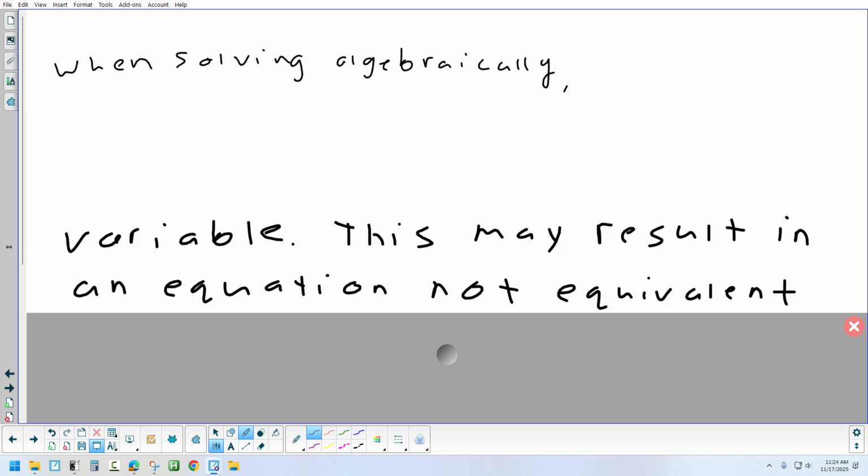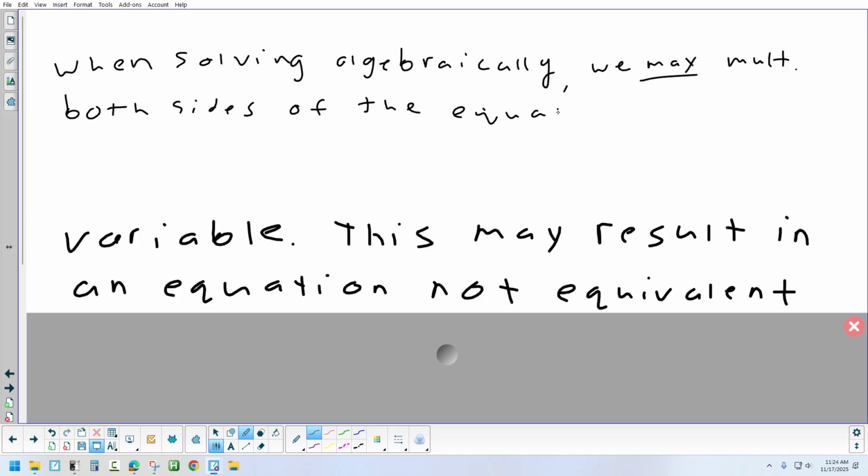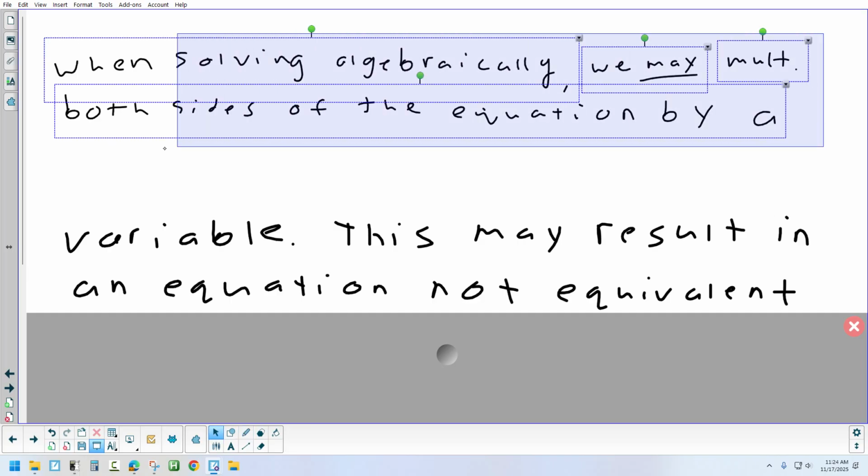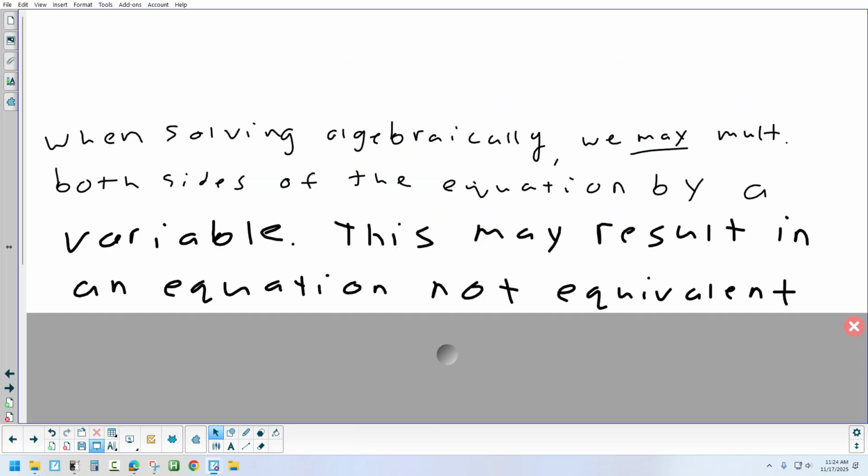In solving algebraically, we may, not always, but a lot of times, multiply both sides of the equation by a variable.